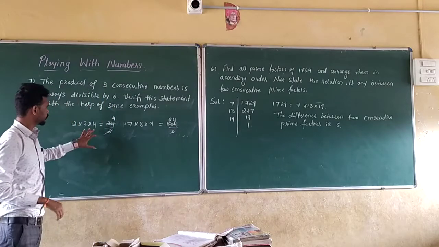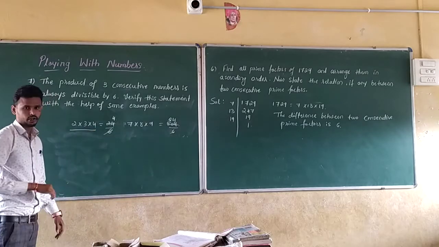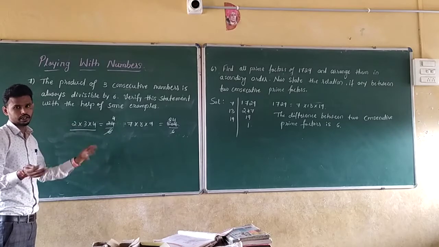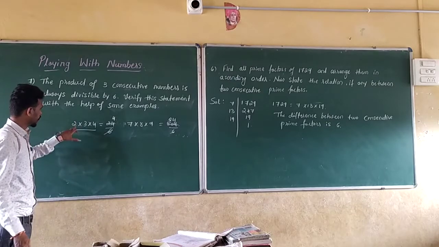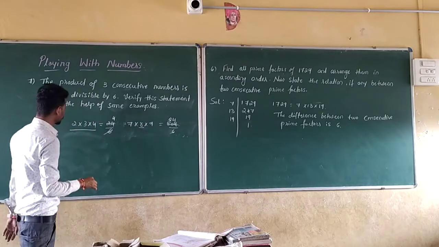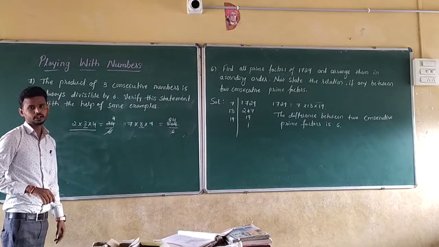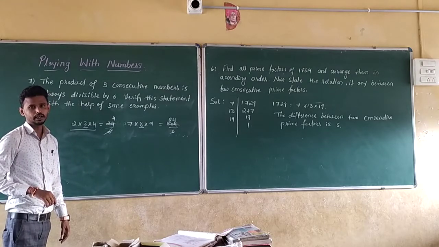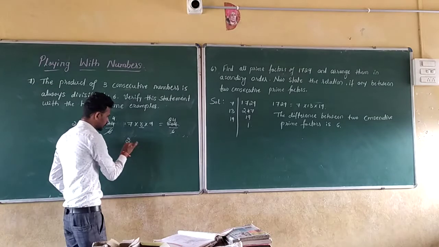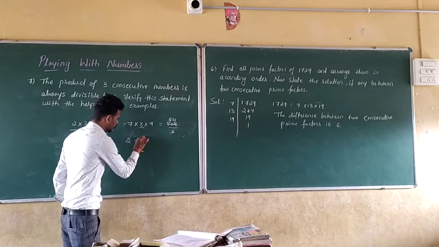How is it divisible by 6? See here, in these three consecutive numbers, one is an even number. Of course, you will get one even number, and here also one even number is there. And next, one will be a multiple of 3. So one even number means it is divisible by 2, and one multiple of 3 means it is divisible by 3.